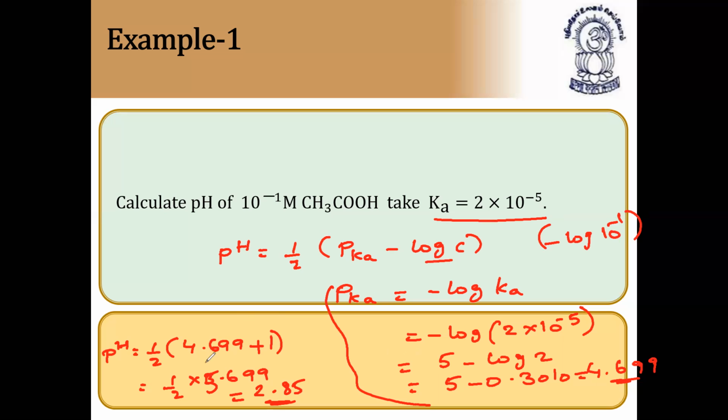So 4.699 plus 1 is 5.699 by 2, which is equal to 2.85. In this way you can use the straight formula. So the answer is 2.85. Very, very important, please note down this formula: pH is equal to 1 by 2 pKa minus log C if they are given Ka values. Easy to understand.